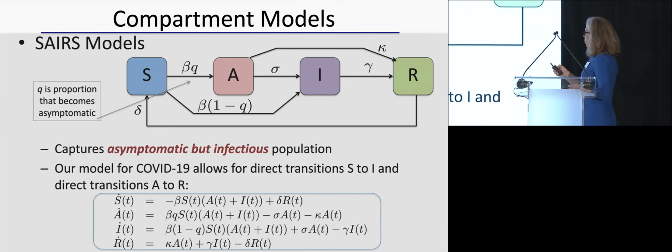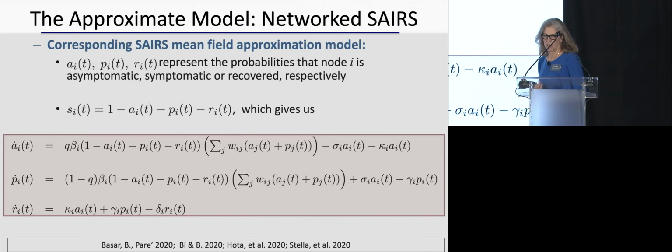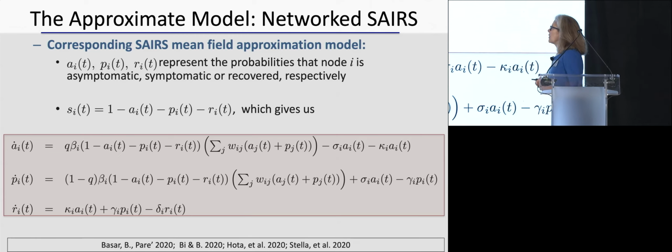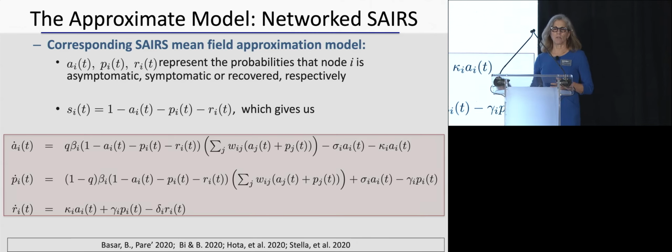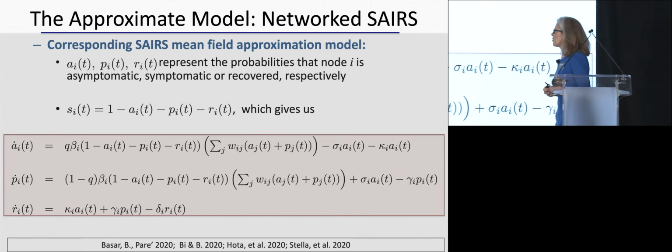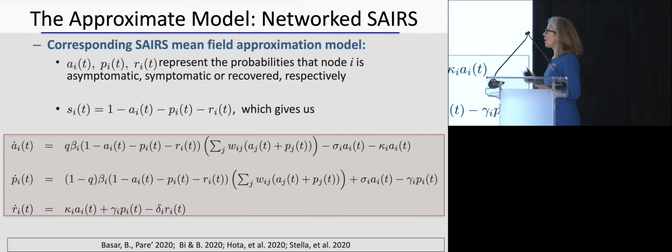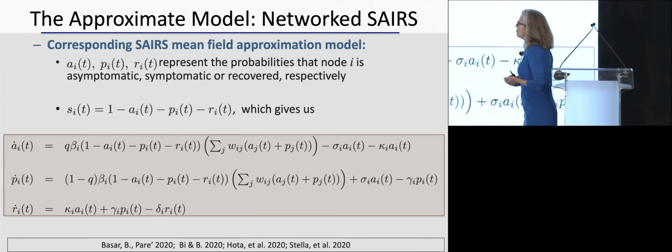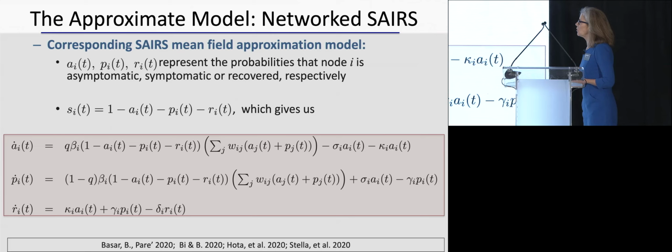And so what we have done is we've used what's called a mean field approximation model. There's been a lot of work over the last 20 years in bringing together underlying interconnection networks and the classic compartment epidemiological models. And there's a probabilistic analysis that shows how we converge to the mean field approximation models, which I'm obviously not going to get into.